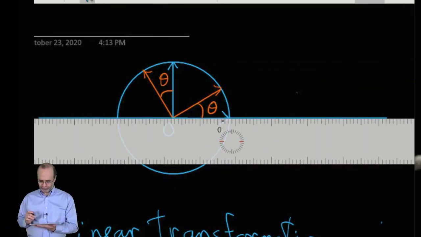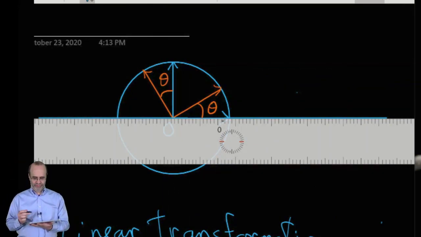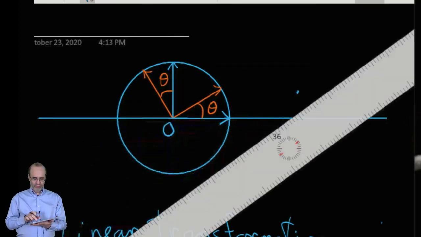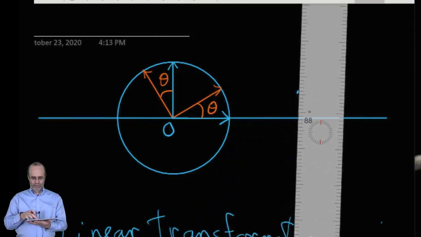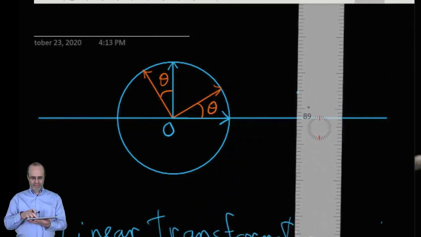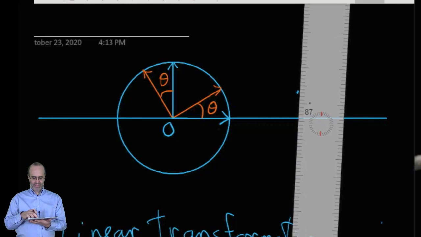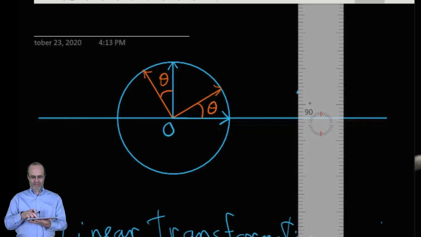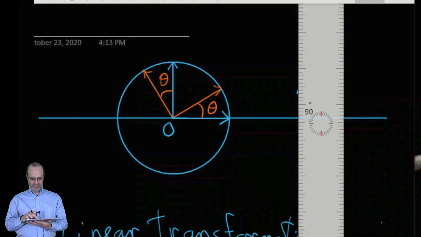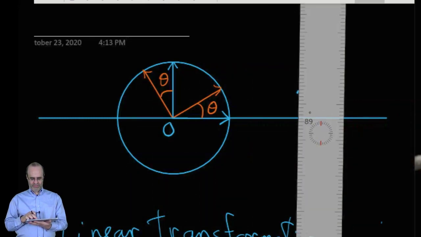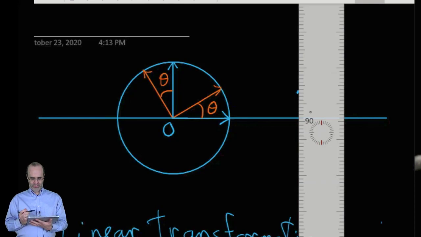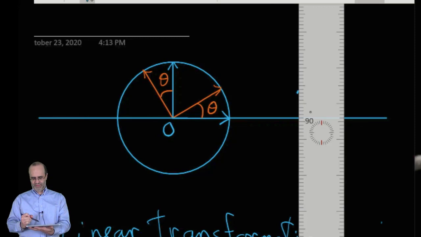Reflection with respect to the x-axis would, for instance, take a point here, and then you reflect it, so you look at the point that's across the x-axis and locate it at the same distance. So I should find the point that's on the other side of the x-axis, but about the same distance.